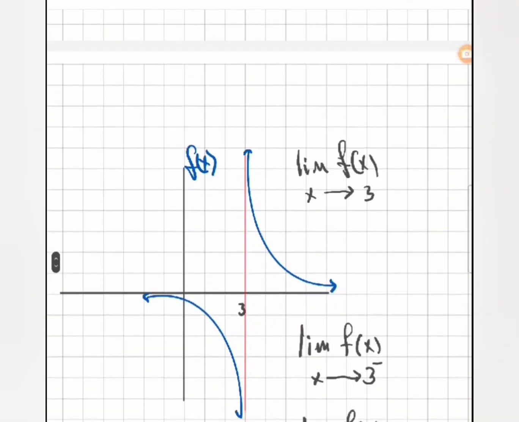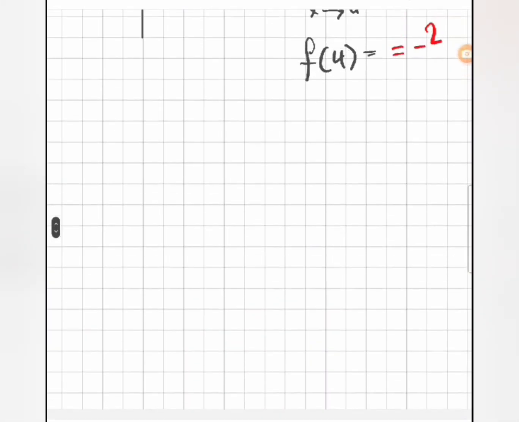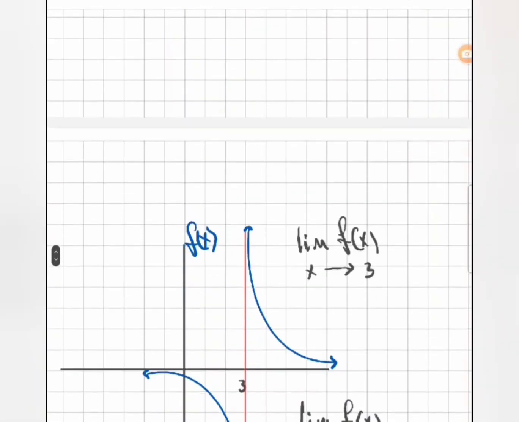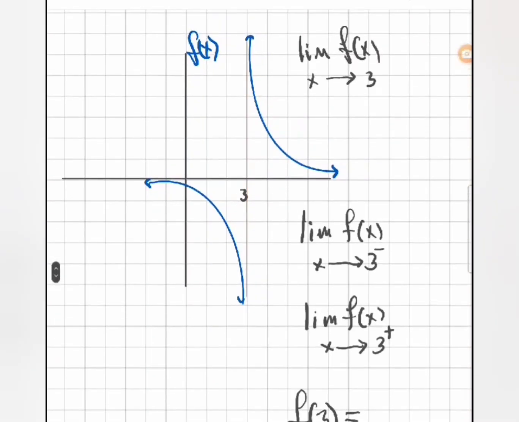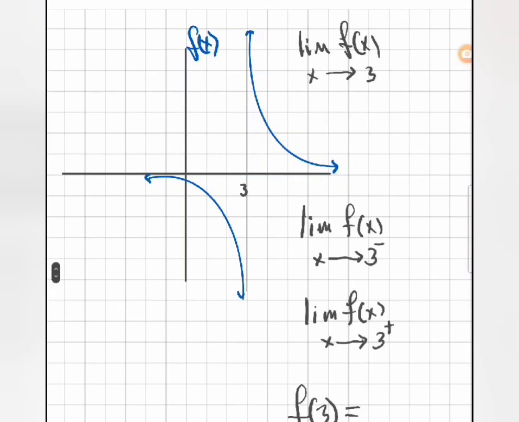Here's another problem that you can try. So what is the limit as x approaches 3 from the left side?